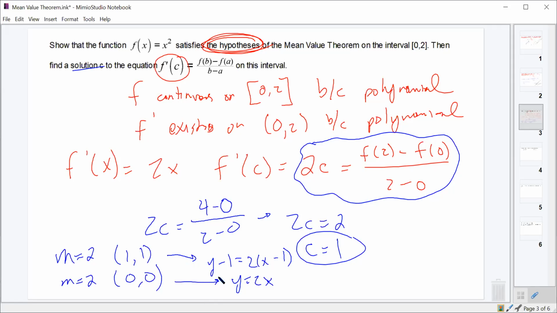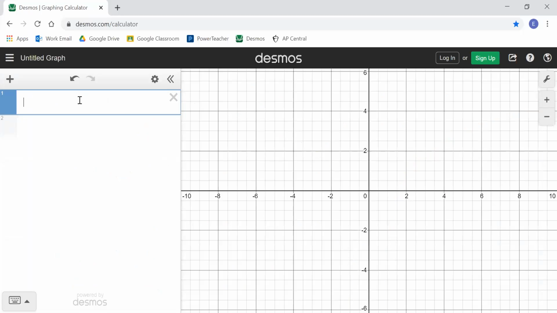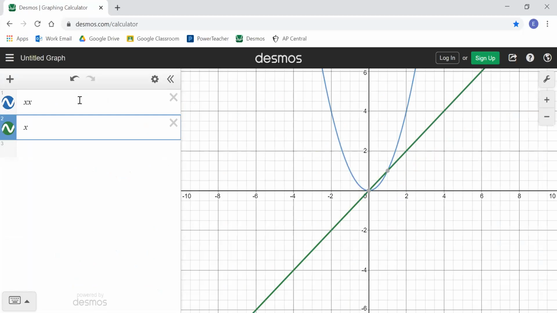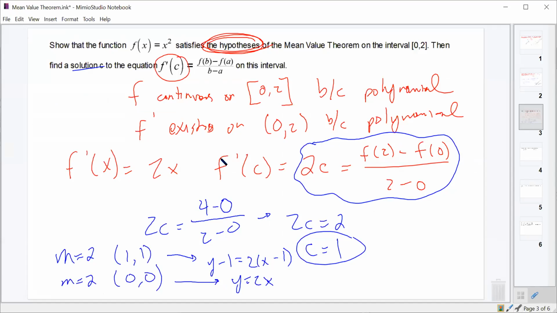And if we were to graph all of this on Desmos, we've got x squared, we've got y equals x. Sorry, not y equals x, it was y equals 2x, right? Did I write y equals x? No, I didn't. Good.